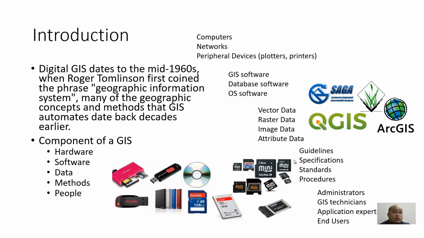So we can separate or classify the data that we have collected into several classes. So these are the things we need to have: guidelines, specifications, standards, and the proper procedures in conducting the GIS work, data collection, and also processes.